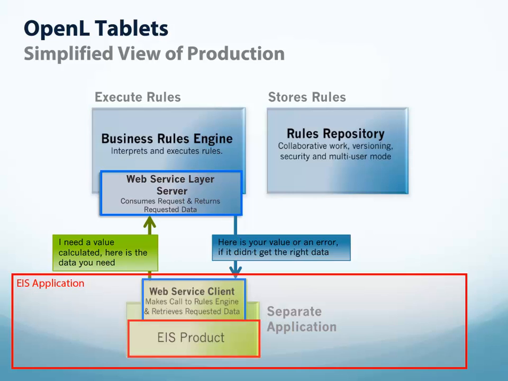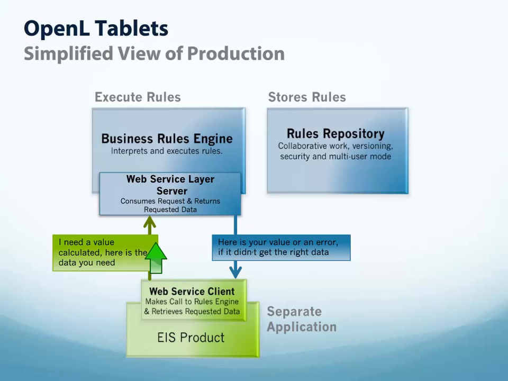In the web service call, the EIS product will send a message to OpenL's rules engine that will contain all the data that the rules engine requires to calculate the value that the application is asking for, in this situation premium. So it's sending over all of the rating data that's needed, such as the coverage or maybe location or vehicle for the policy that's being quoted.